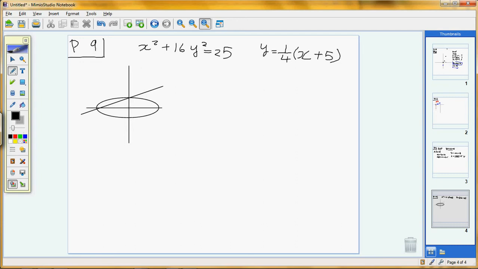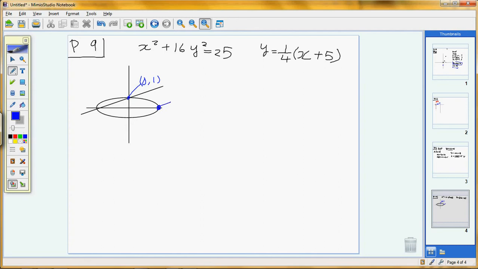So right here, this point is actually (0, 1). But we don't want to use this point because it will satisfy both equations. So we want to use this point because it is unique to the oval.